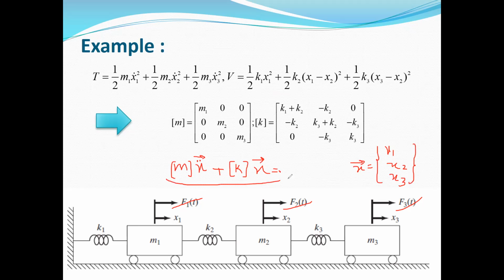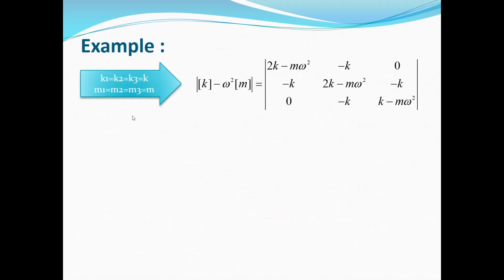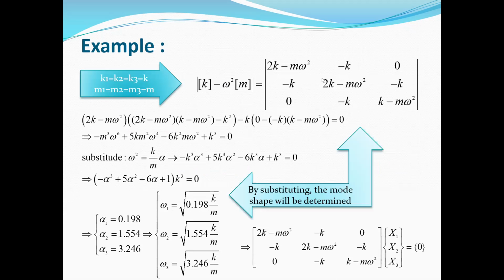Now we need to solve this equation with these two matrices, M and K. You can substitute for m1 to m3 and k1 to k3 from the problem description, and then we can form the frequency equation or characteristic equation to obtain the natural frequencies. For this purpose, you can write the matrix of coefficients, K minus M omega squared, and now we need to obtain the determinant of this matrix.